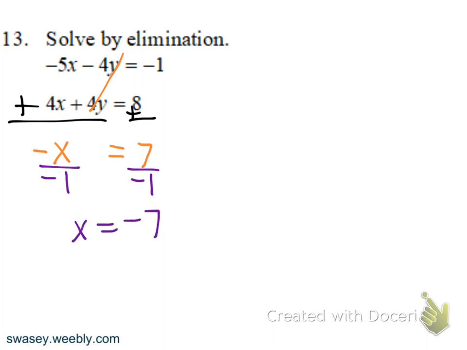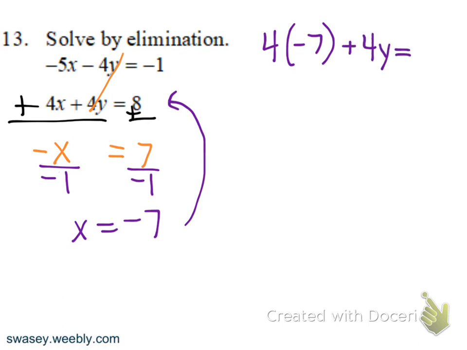To find y, we'll plug this back in. Notice that everything's positive in the second one, so it may be just a little bit easier to work with. So replace x with negative 7, and then solve for y. Multiply, get negative 28. To get rid of the negative 28, add 28 to each side.